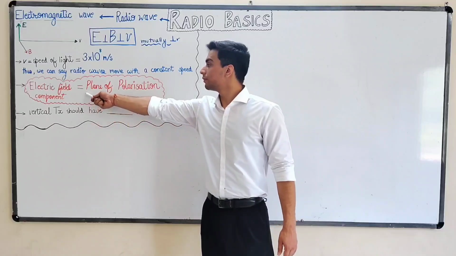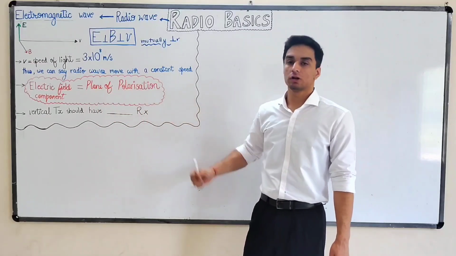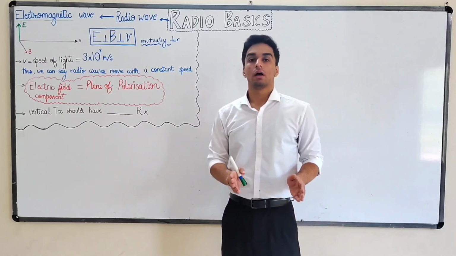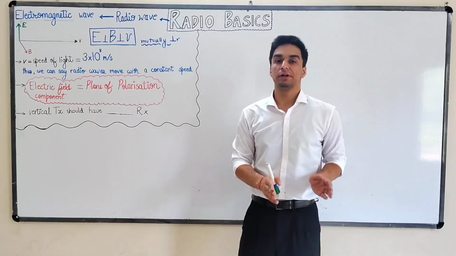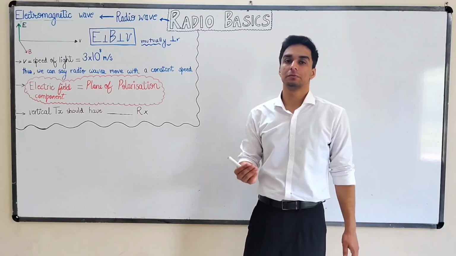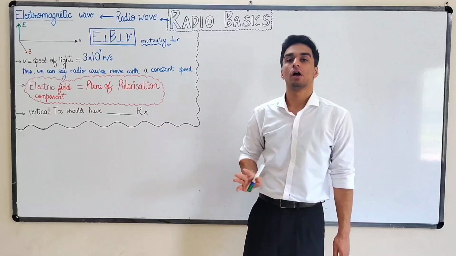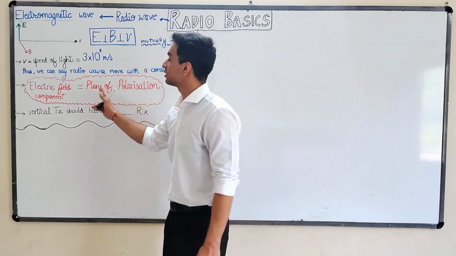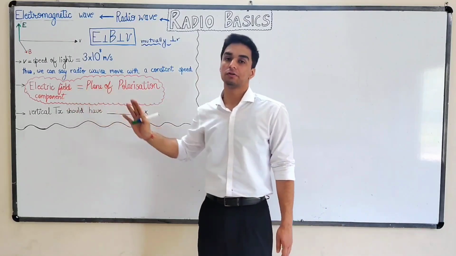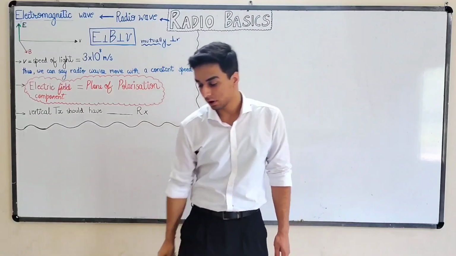My first new point will be plane of polarization. Now, plane of polarization term will be used in your questions, and you will be asked what is the plane of polarization of this radio wave. You just simply have to answer where the electric field will be produced of that wave.